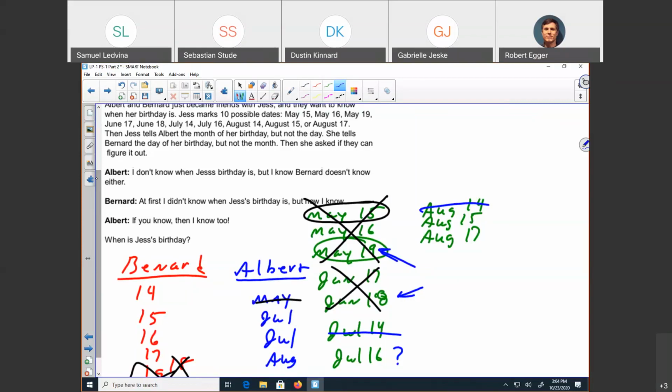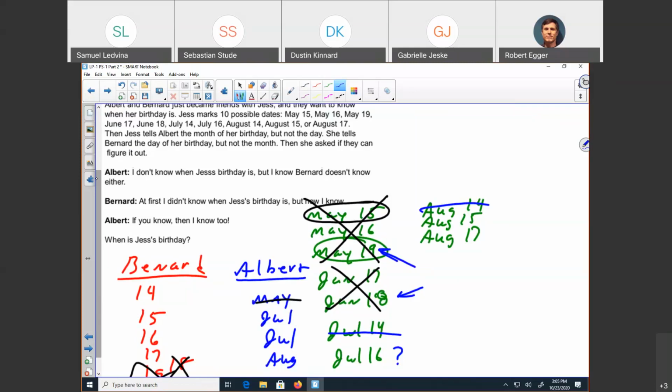So if it's the 14th in both July and August, let's think about this for a second. Because they both carry the 14th, Bernard would know what it is if he's given the 16th, 15th, or 17th.